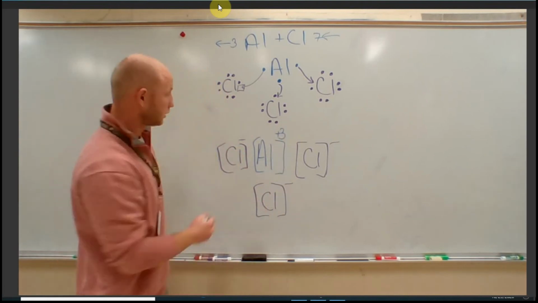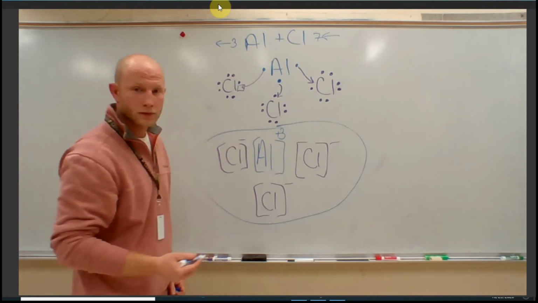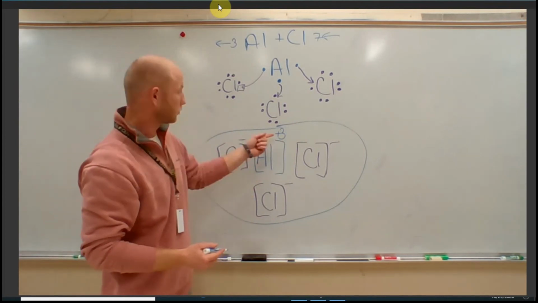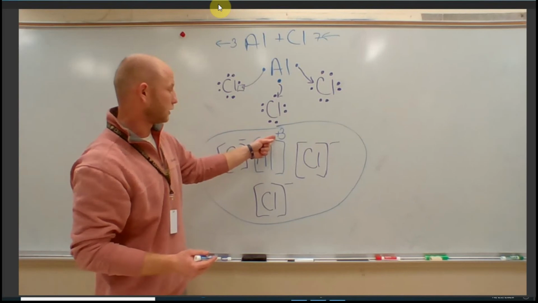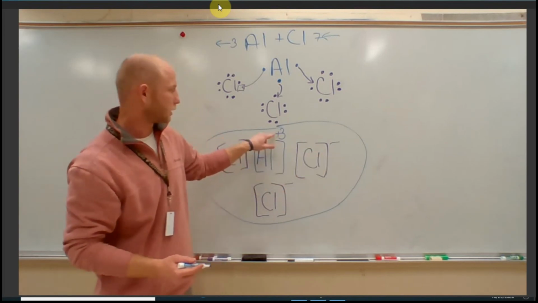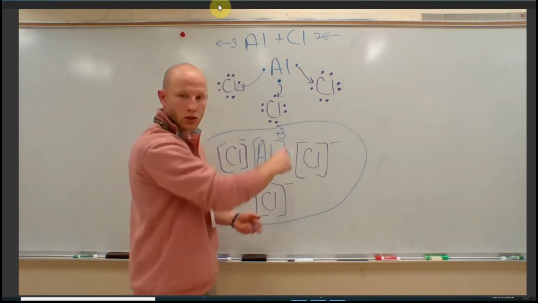Okay, and so here's our final step, that aluminum chloride. +3. If we add up all of these negatives, we have 1, 2, 3 negatives, and that offsets the +3, and so our charge overall for this molecule is 0, right?